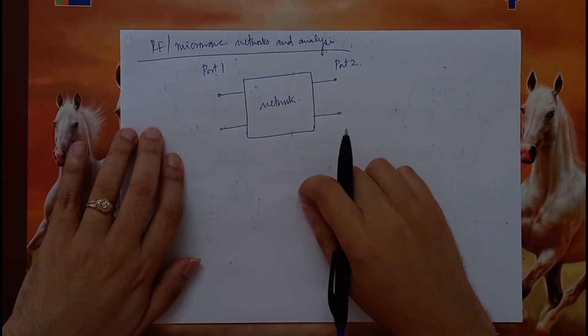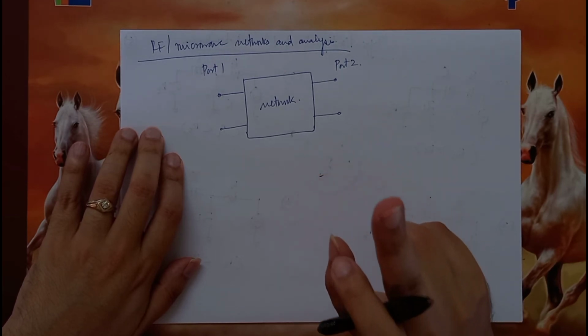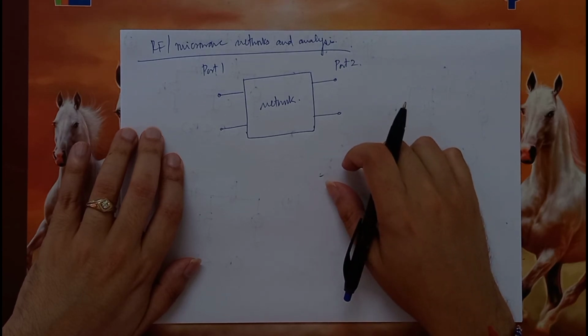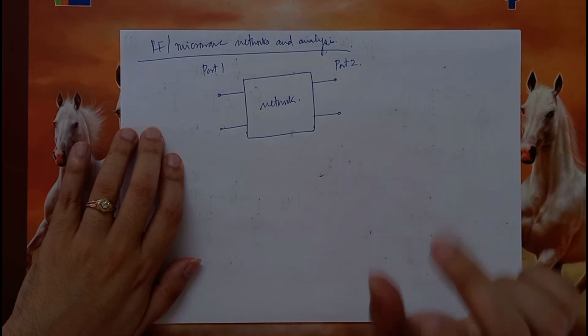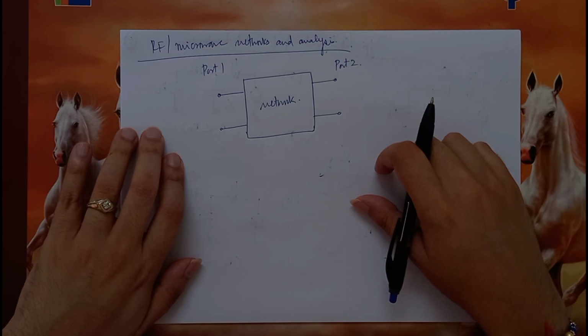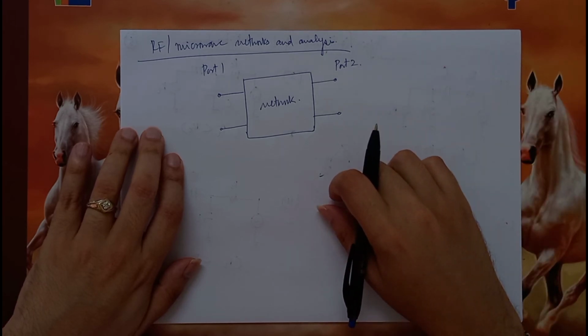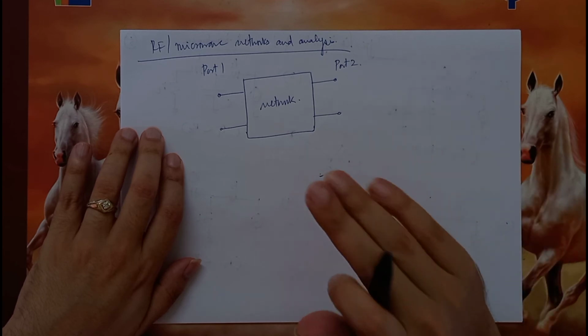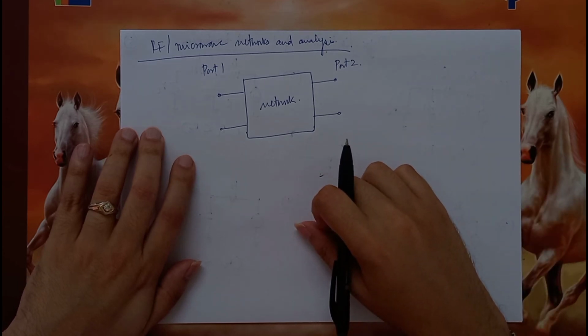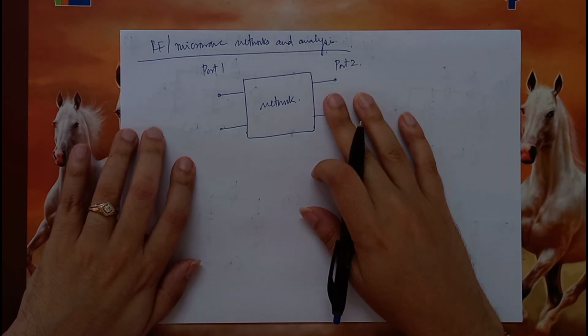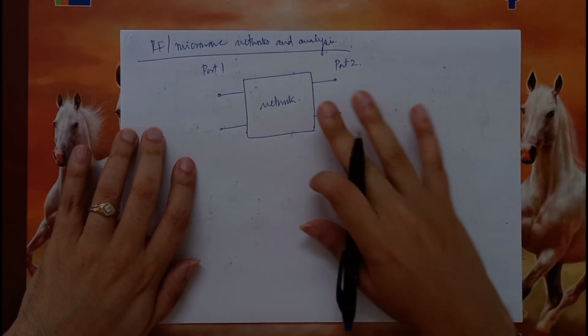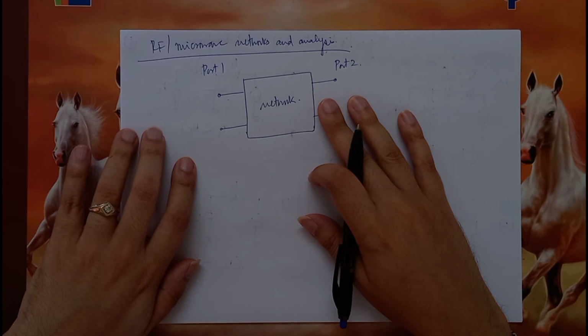Definitely they can. However, the point is that we can apply the electrical laws or the circuit theorems only when the size of the network elements or the size of the networks is much small as compared to the wavelength. That is essentially what gave rise to the transmission line theory.